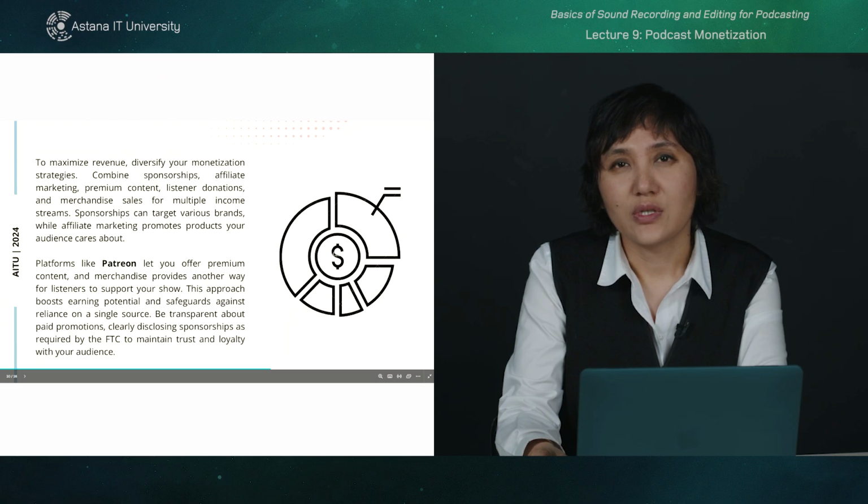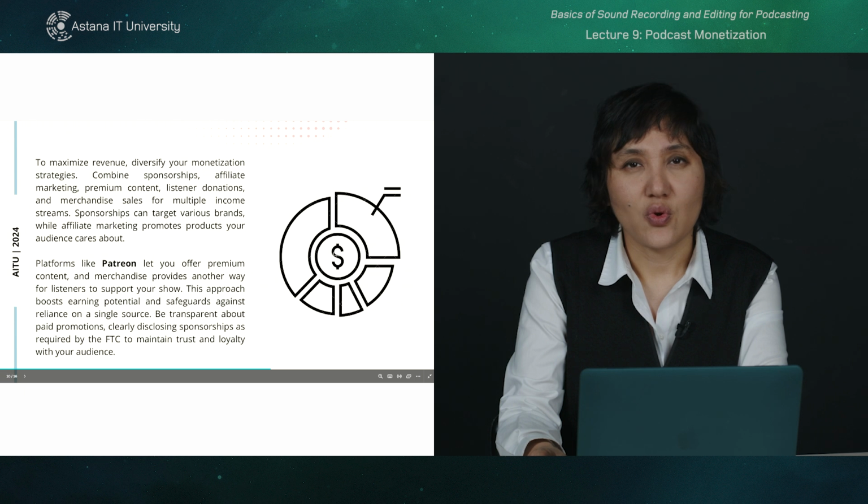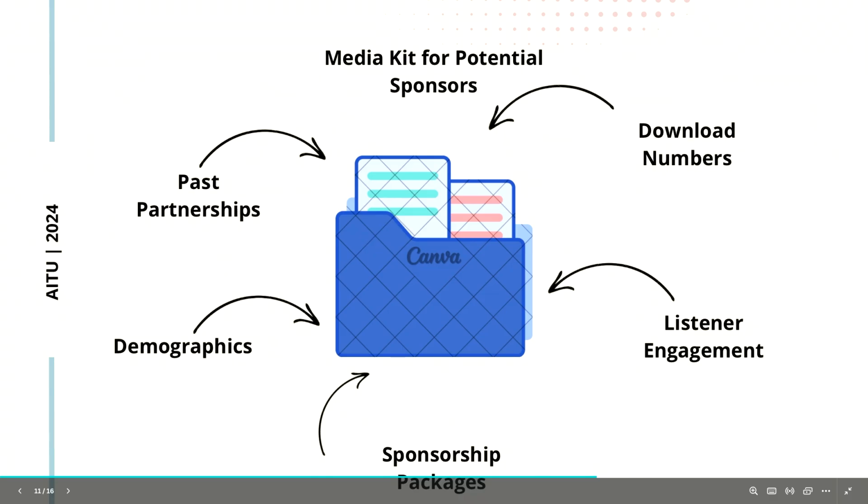For example, podcasts like How I Built This often start sponsorship messages with clear language like "this episode is brought to you by," making it clear to listeners that the content is sponsored. Attracting sponsors means creating a media kit for potential sponsors.